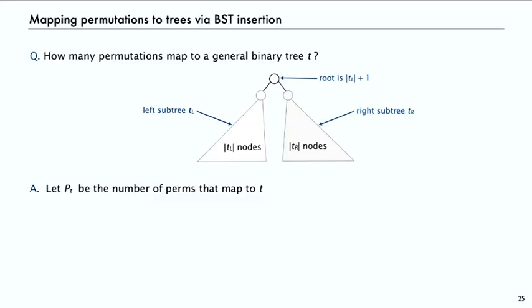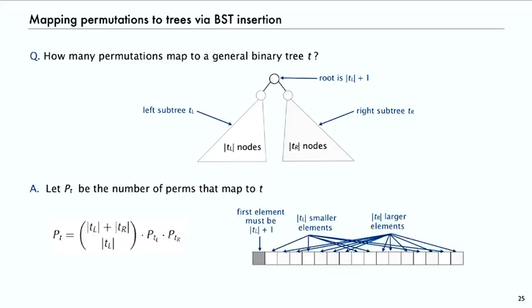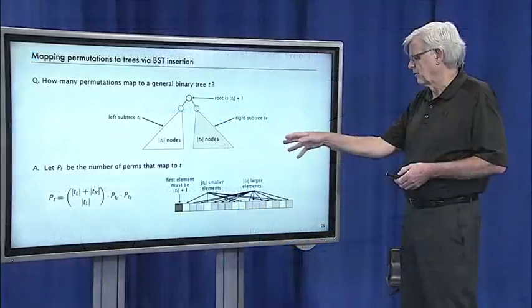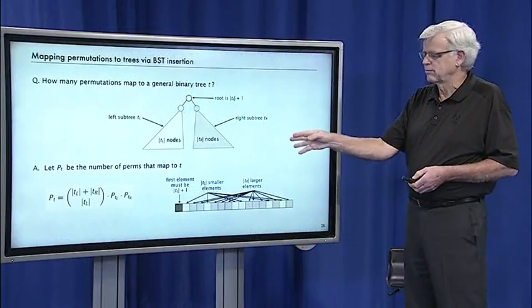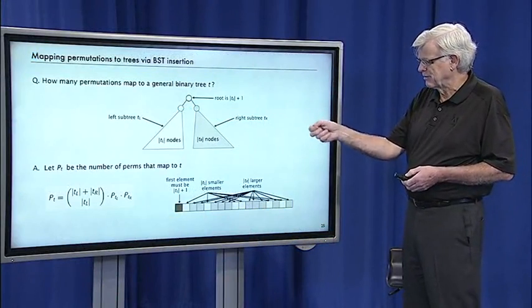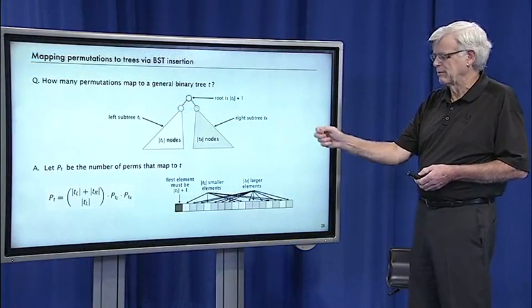if you define P sub T to be the number of permutations that map to a tree T, then you have a recursive formula. P sub T equals |T sub L| plus |T sub R| choose |T sub L|. That's the number of different ways to intermix the smaller elements and the larger elements. And then for all the ways of intermixing them, you can still put them in any one of the P sub T sub L orders or any one of the P sub T sub R orders.